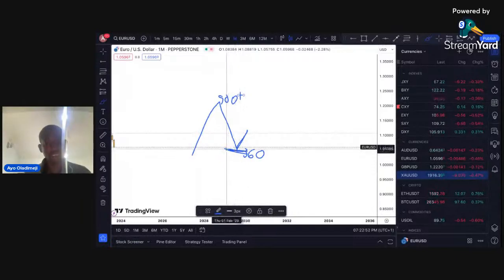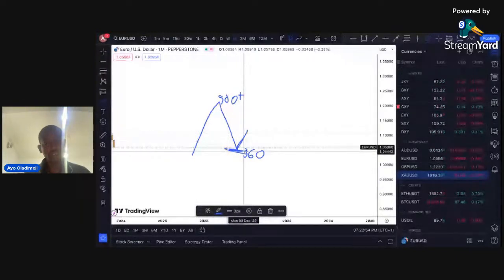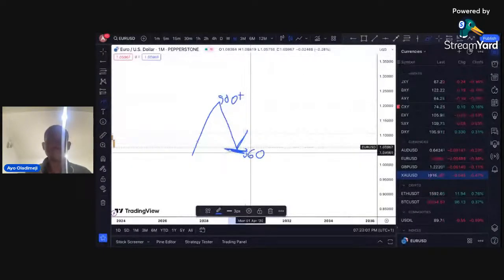So this 360 naira is called a support. We're going to talk about support and resistance.